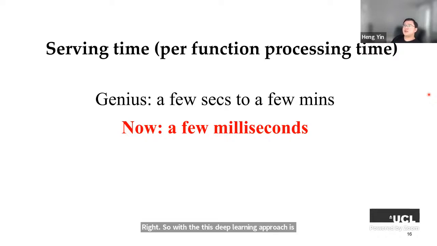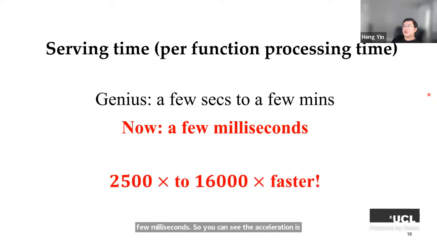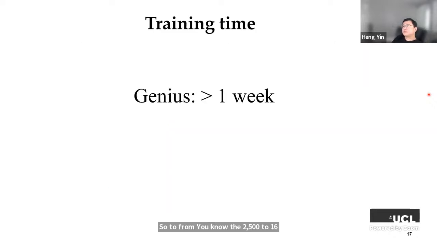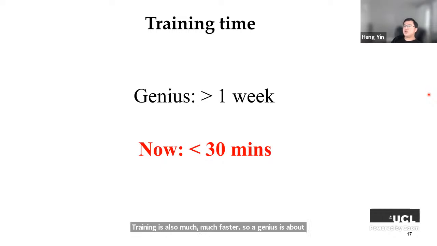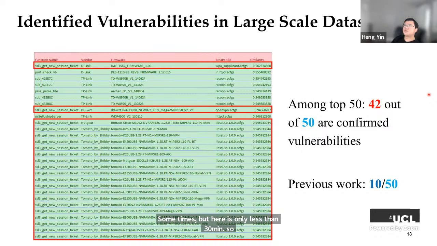So you can see the acceleration is multiple orders of magnitude, from 2,500 to 16,000 times faster. Training is also much faster. Genius takes more than a week sometimes, but here it's less than 30 minutes. So the efficiency is greatly improved.